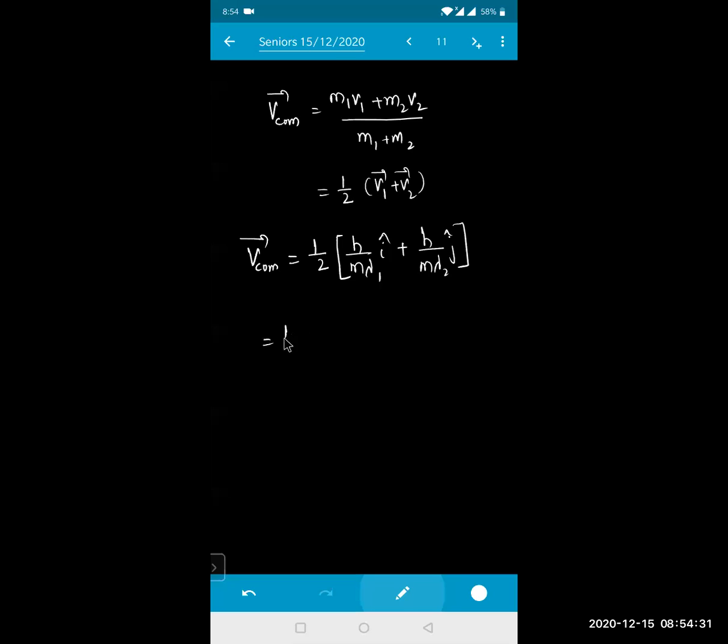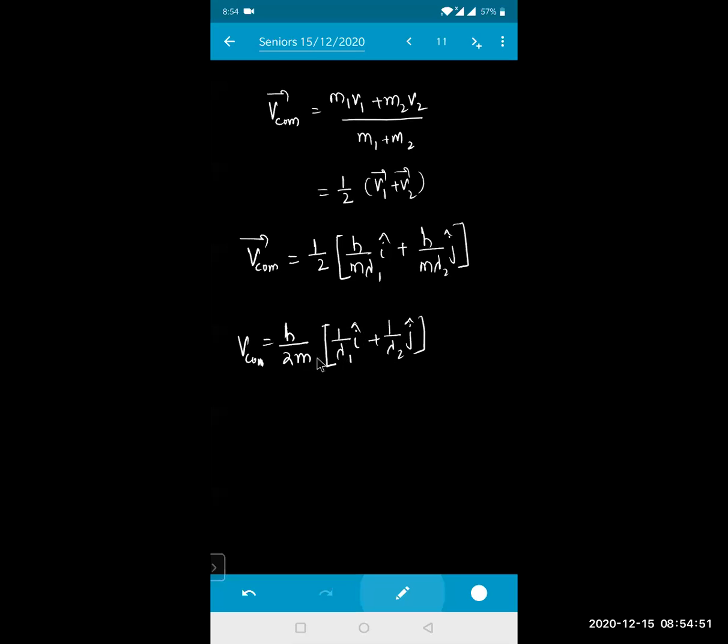So that is equal to h by 2m common. It is 1 by lambda 1 into i cap plus 1 by lambda 2 into j cap. So this is the velocity of the center of mass, isn't it?